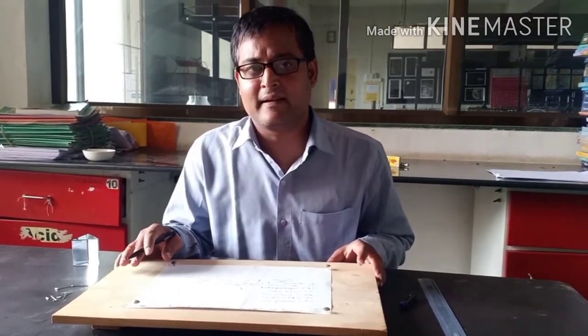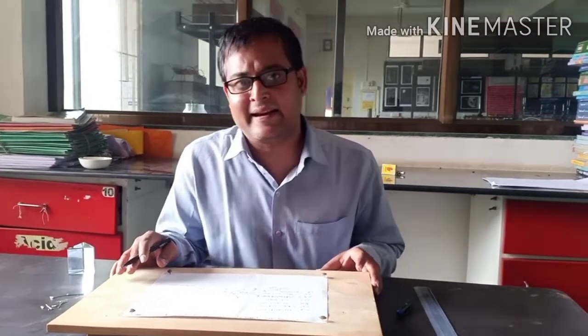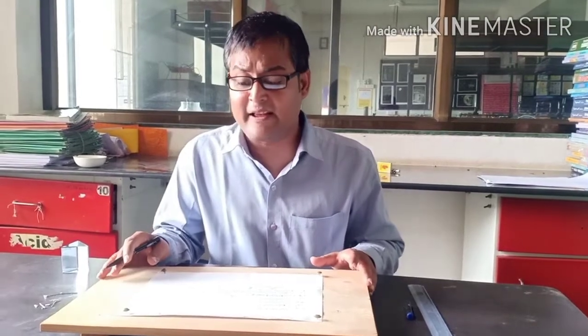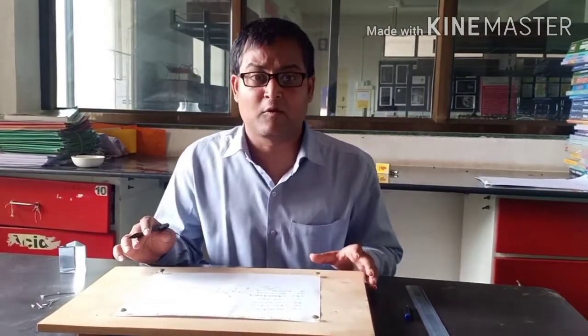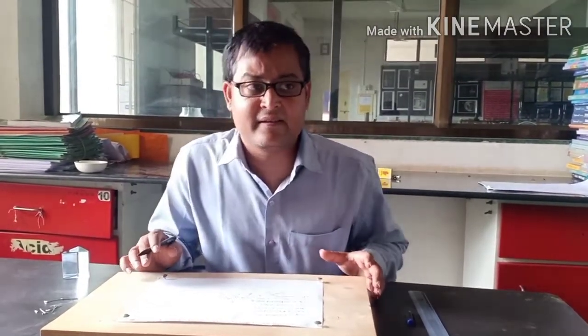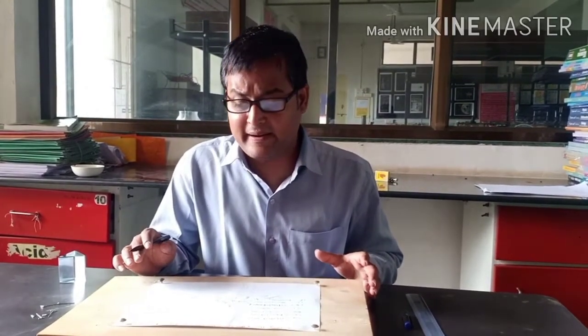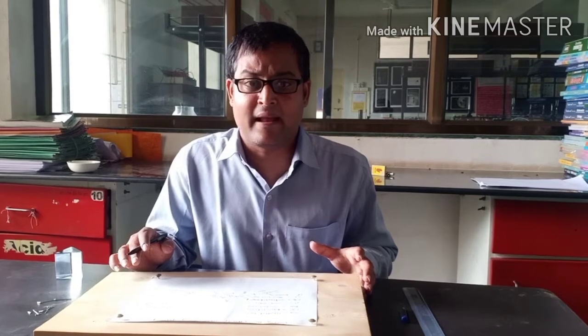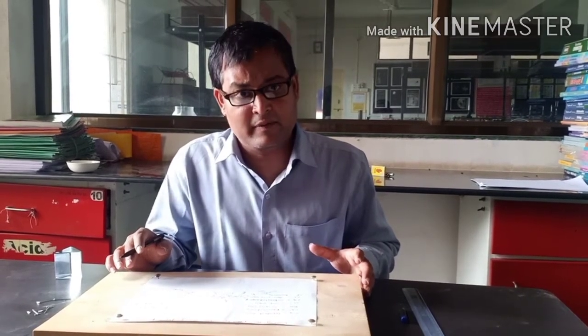You can even see the incident ray, refracted ray, and the emergent ray. By using this experiment, you can understand so many phenomena that happen in atmospheric refraction. This is important in the dispersion of light also. Thank you very much.